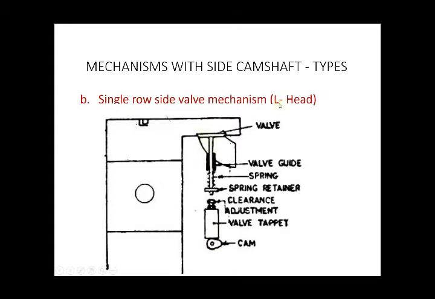It is also known as the L head engine because of the L shape of the cylinder head. So here we have the cam, the tappet, and the spring that is loaded on the valve. Again, as earlier, when the cam lobe comes and touches the valve tappet, it will lift the valve and open the valve.